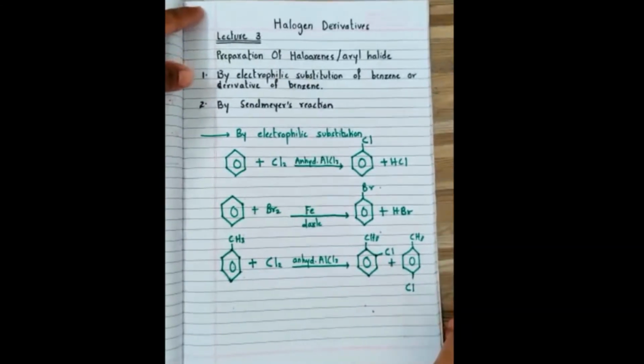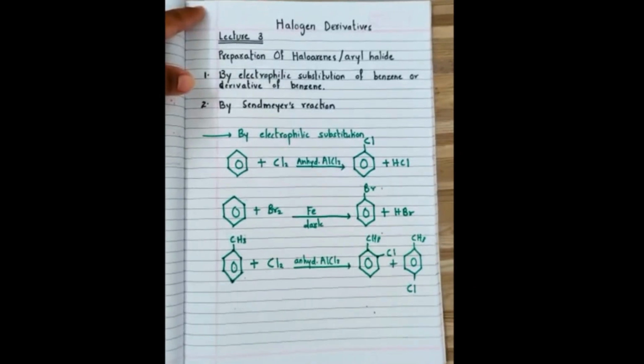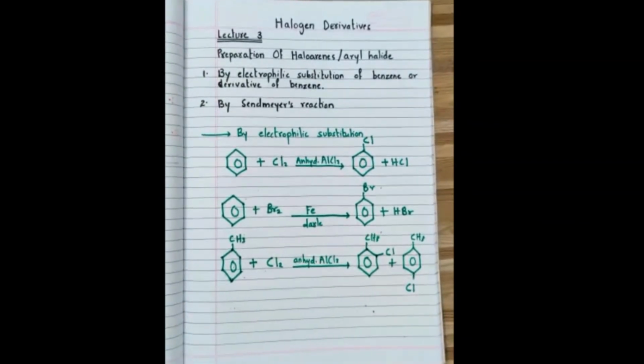So you are going to get the 2 isomers of the substituted chlorotoluene. The separation of these 2 isomers is easy because the melting points of the ortho and para isomers are quite different, and they can be easily separated from each other.